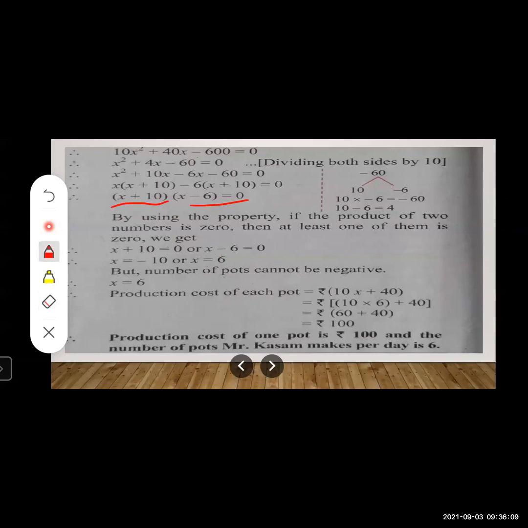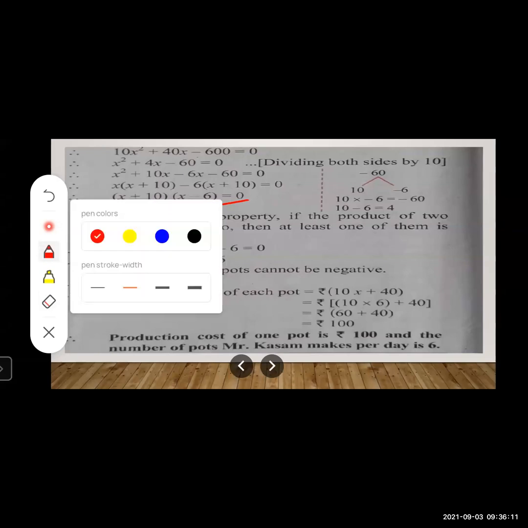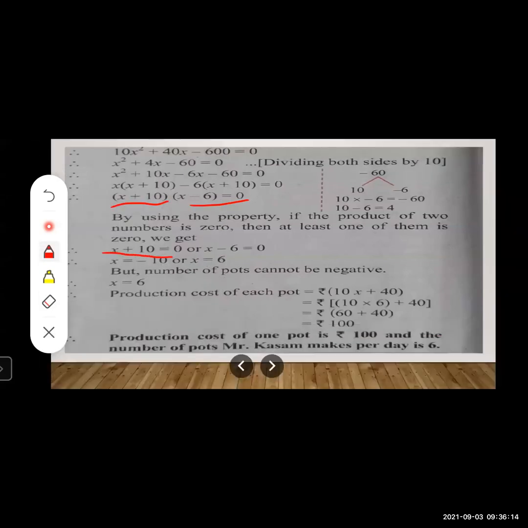So after further simplification, x plus 10 is equal to 0 means what? When 10 will shift to the other side, it becomes minus. So you will get x is equal to minus 10. And when you shift this minus 6 to the other side, you will get x is equal to 6.